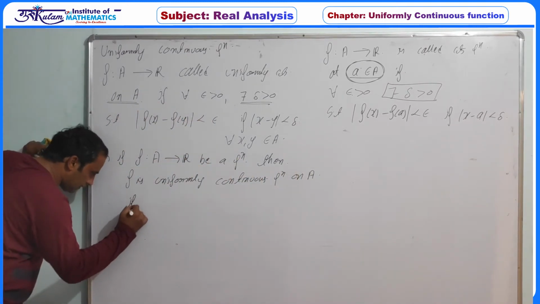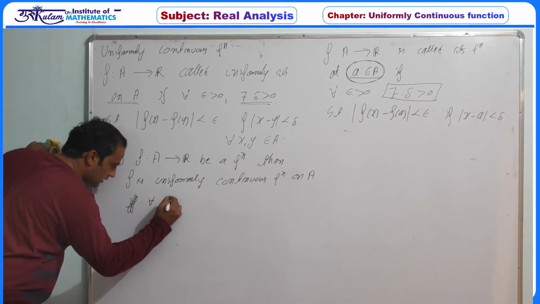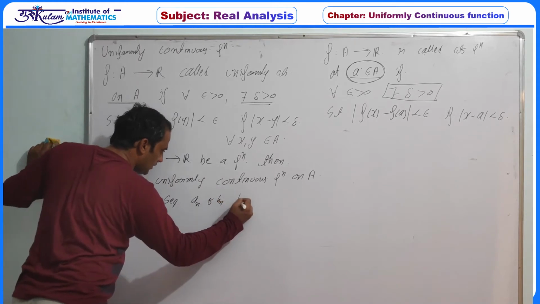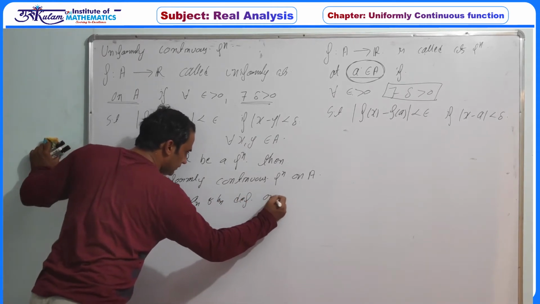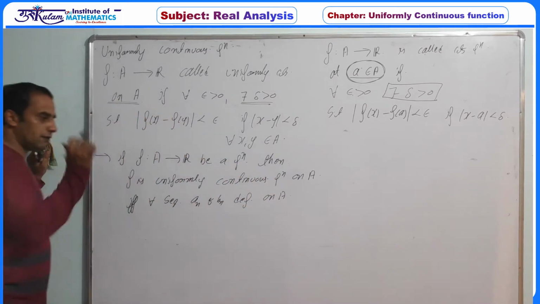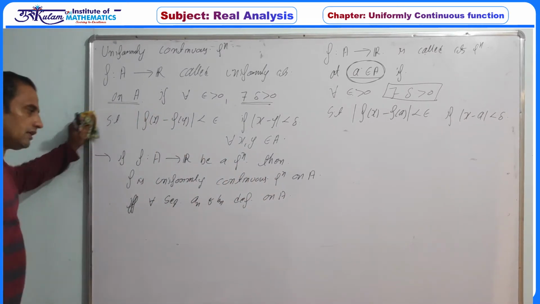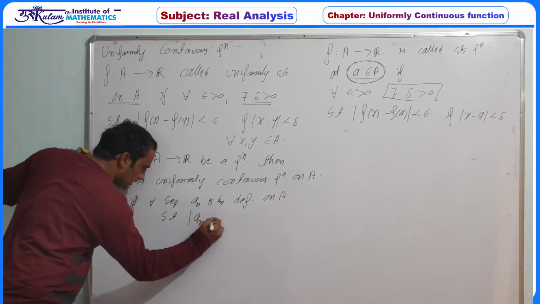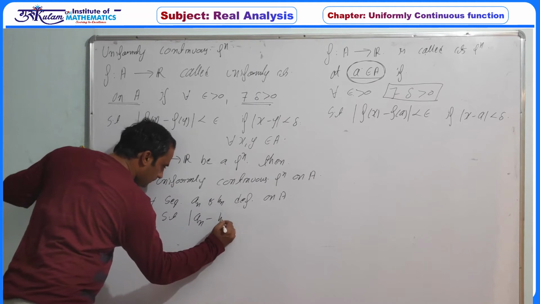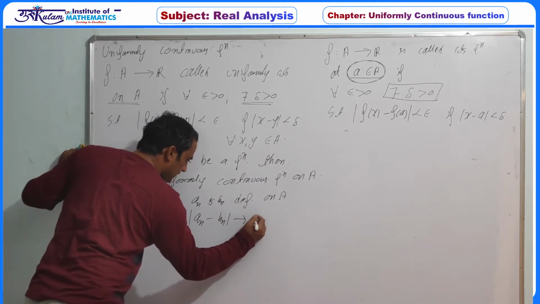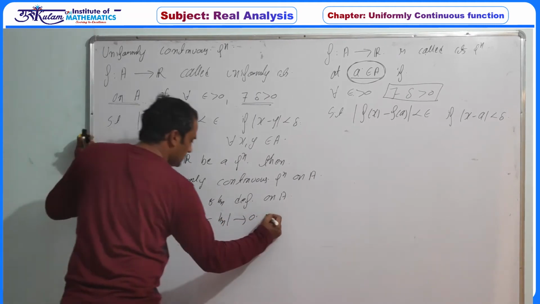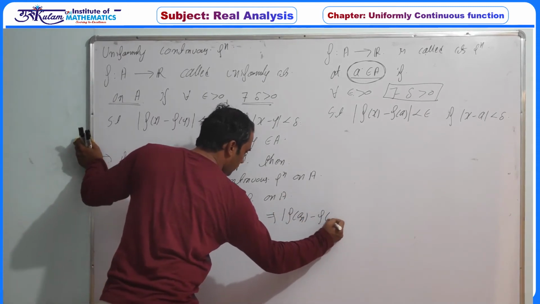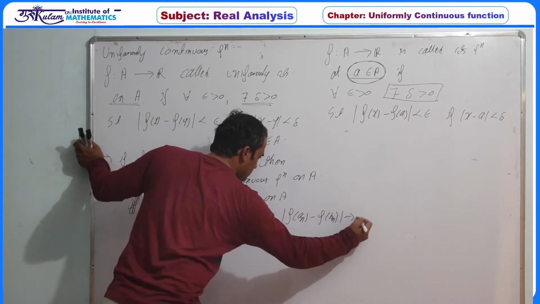if and only if for every pair of sequences a_n and b_n defined on A such that the distance between a_n and b_n tends to 0 as n tends to infinity, this must imply that the distance between images f(a_n) and f(b_n) tends to 0.